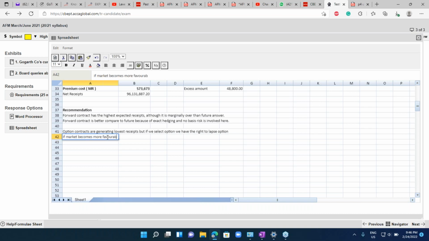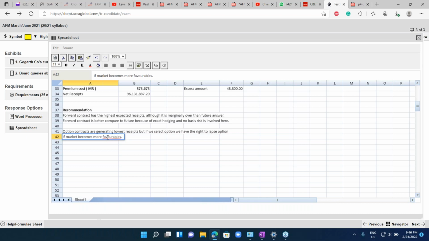So guys, what if the market becomes more favorable? Option contract is locked, future contract is locked. You will not get the benefit from the future and forward market. But the option contract has a beauty: if the market becomes favorable, you will lapse the option, you will enjoy the market rate.